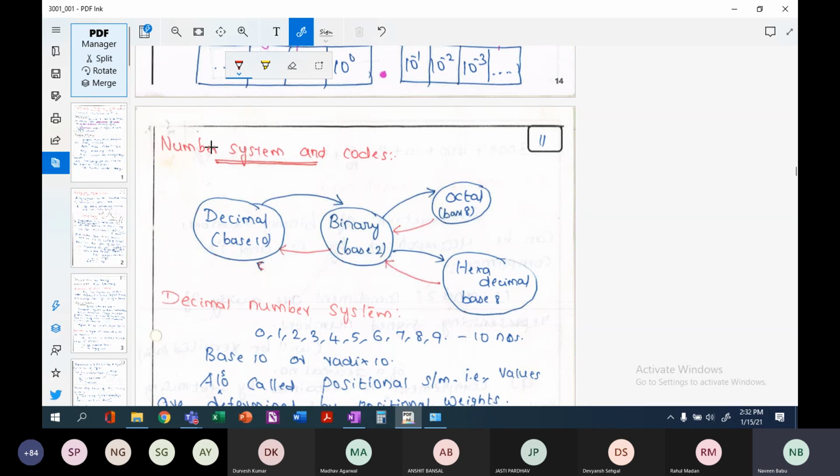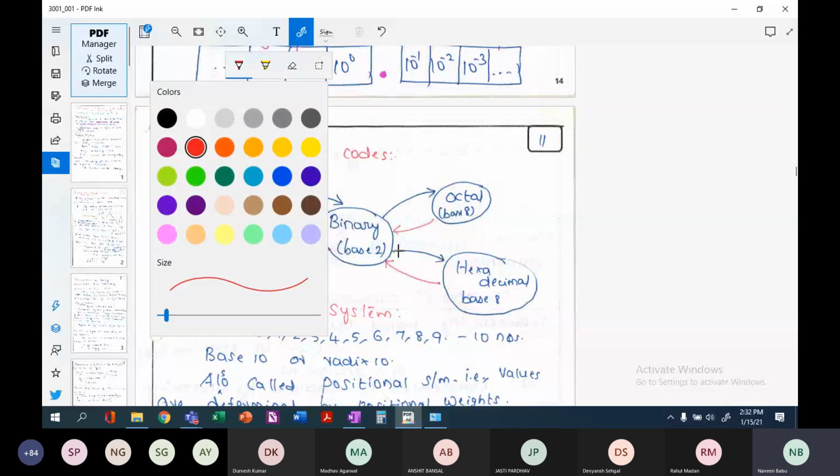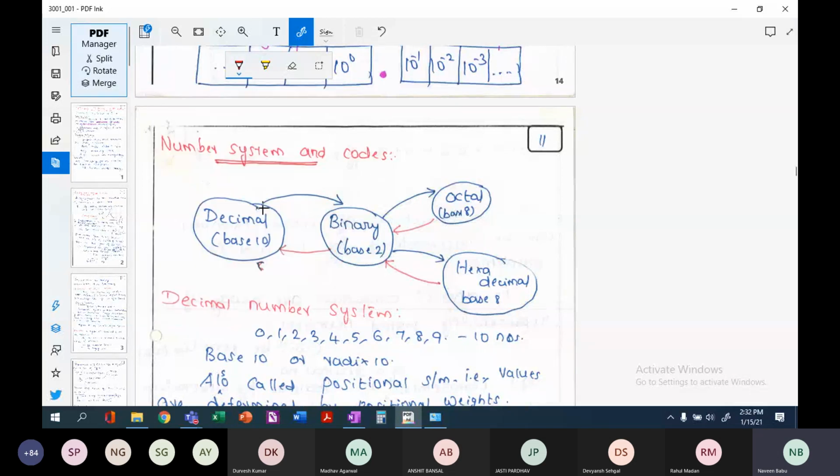Now, as I said, if you want to do a conversion from one system to another system, at least from the decimal number system to the octal number system, first you must convert to binary and then convert to octal.